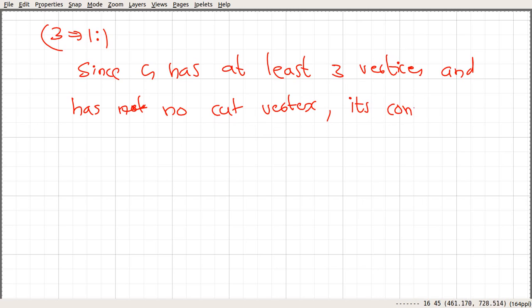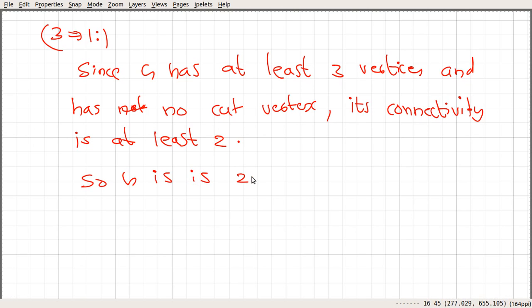Since it has at least 3 vertices and no cut vertex, that says its connectivity is at least 2. So that says G is 2-connected by definition.